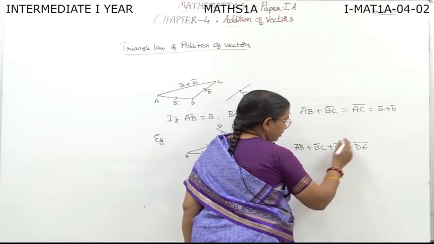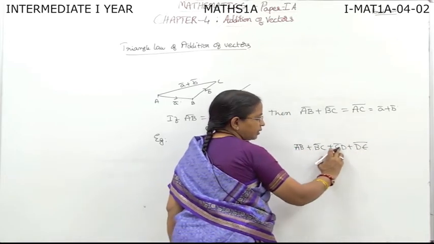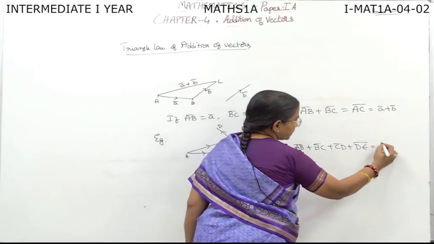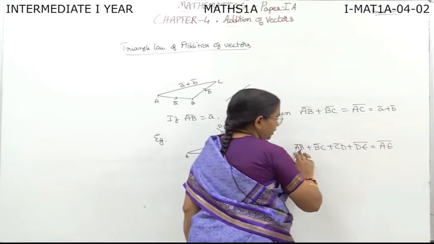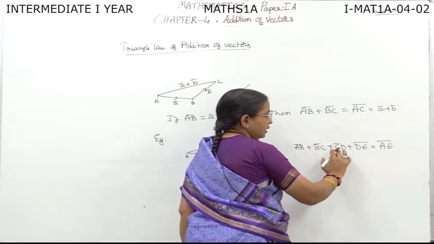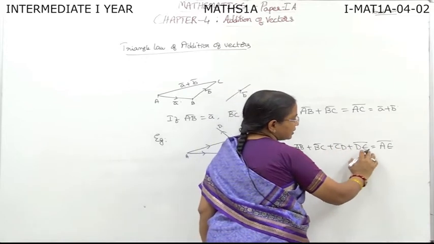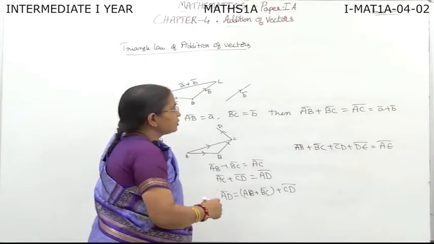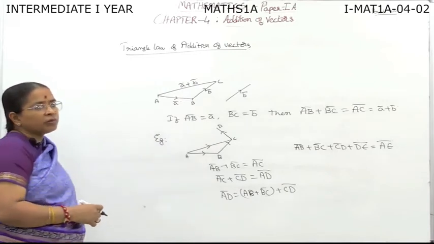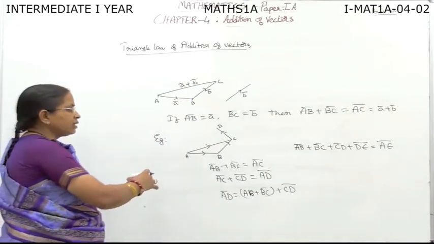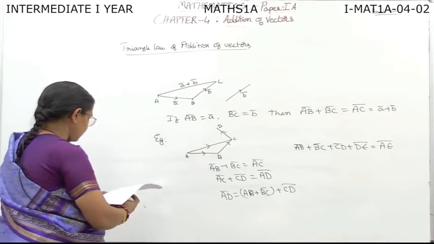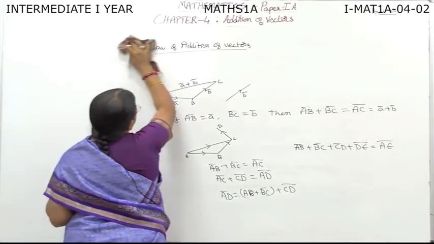If you observe that the terminal and initial points match, you can directly write this as AE. Like this, we can easily add any number of vectors and write the resultant vector. So this is about the addition of vectors.